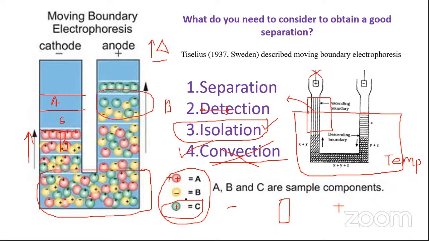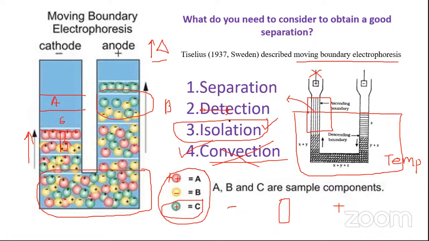So realizing all these problems associated with Tiselius moving boundary electrophoresis, another way of performing electrophoresis was developed, called zone electrophoresis. It was recognized that if you can incorporate some kind of stabilizing media so that convection currents are minimized and, after separation, diffusion is also minimized, then perhaps it is going to work wonders for you.